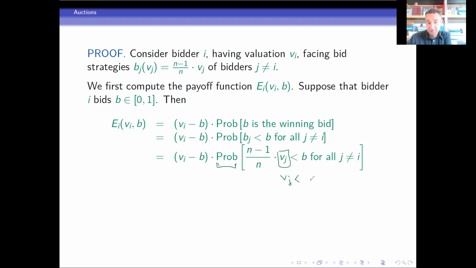Namely, I want to have a probability that this is a random variable, at least as far as I'm concerned. I am i and not j. So for me, Vj is a random variable. And I want to know the probability that that random variable is smaller than this expression, n divided by n minus 1 times my bid.